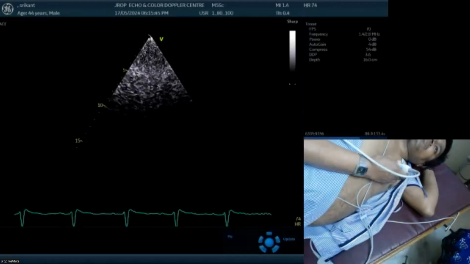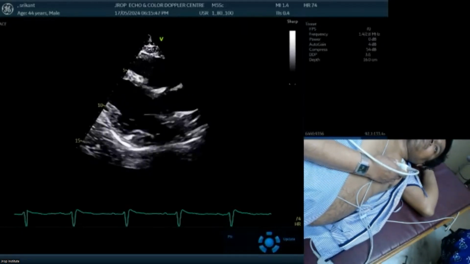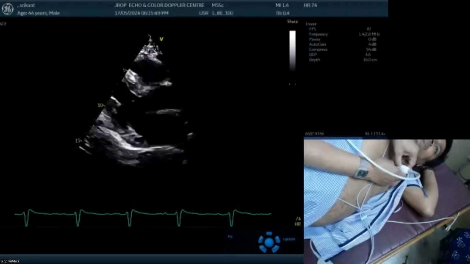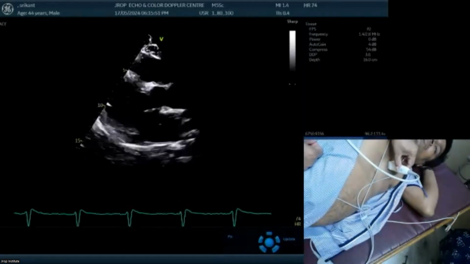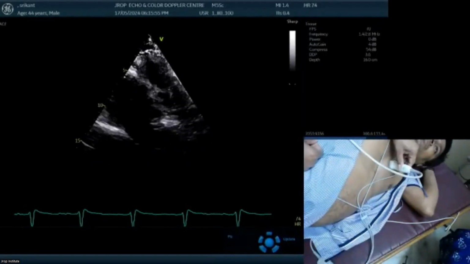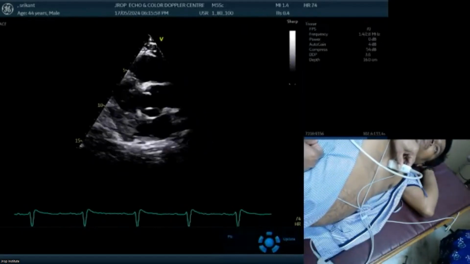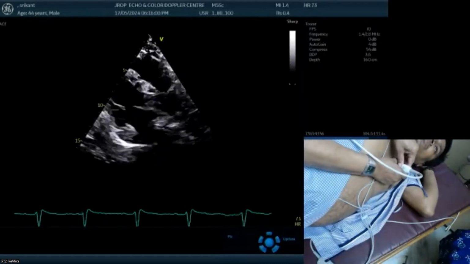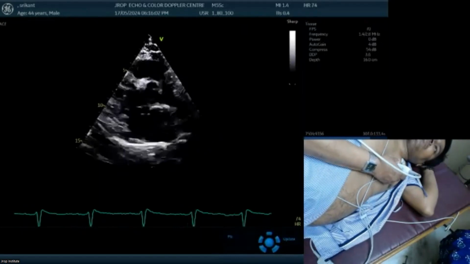And you can look at it, this is what the parasternal long axis view is. Immediately you can see. Just click on Drop Institute if you are not able to see it.